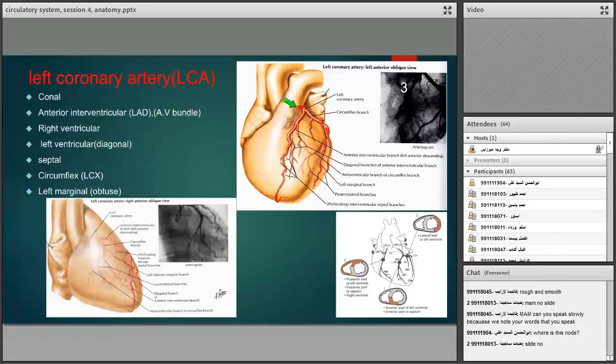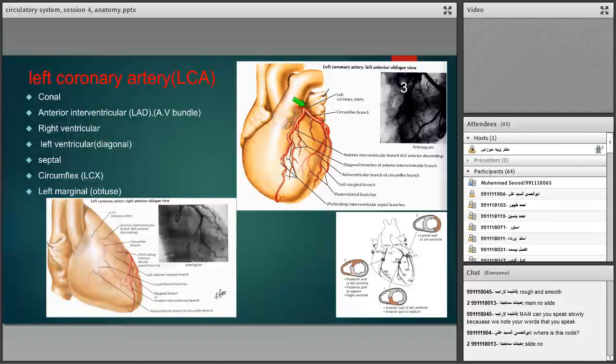The beginning part of this artery is called left main. The left main part of this artery is, I think, we can say 1.5 to 2 centimeters. Its length is just 1.5 to 2 centimeters, this part.